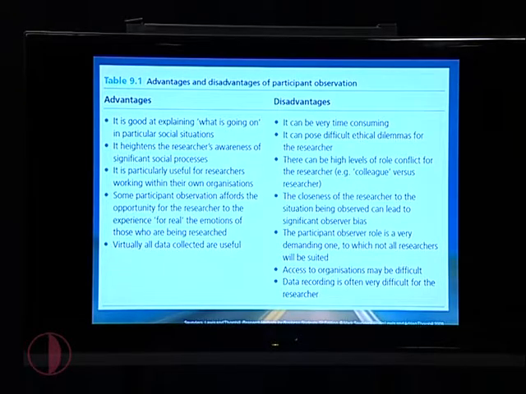It's good at explaining what's going on in a particular social situation. While, as we mentioned, a disadvantage is that it's time consuming. It can pose difficult ethical dilemmas for the researcher if he doesn't reveal his identity, and there are other advantages to be considered against some disadvantages.